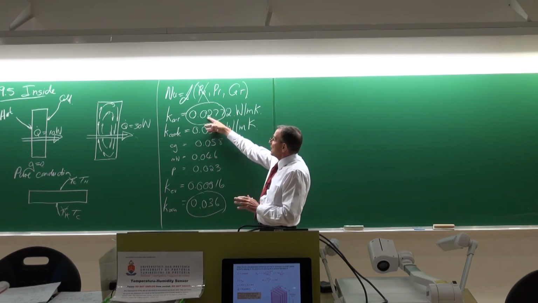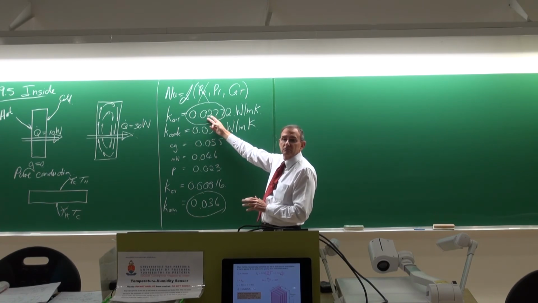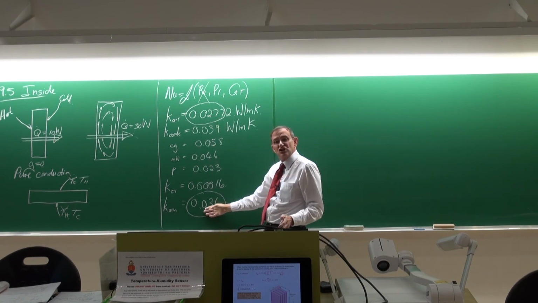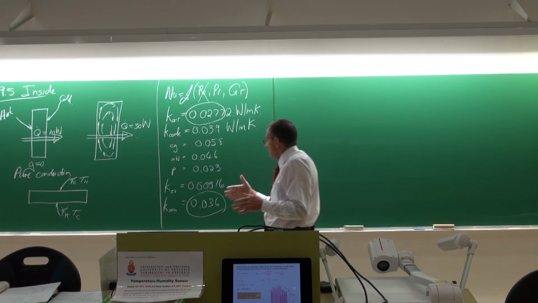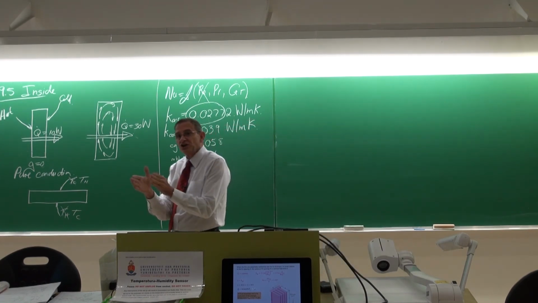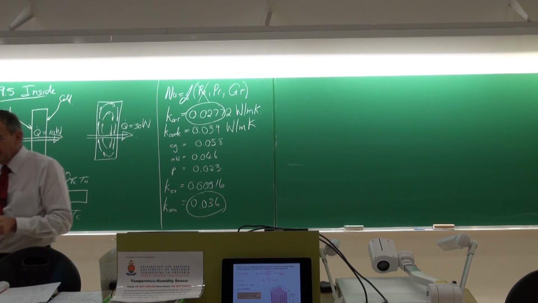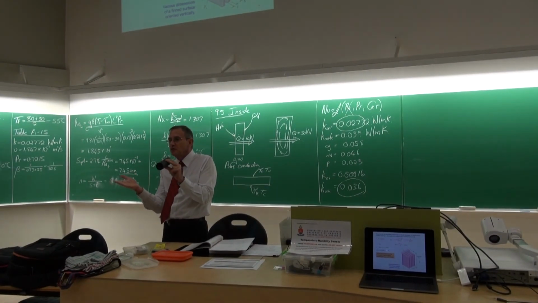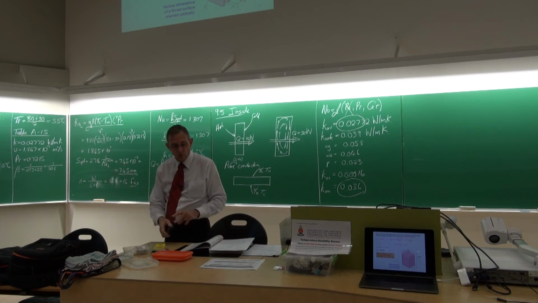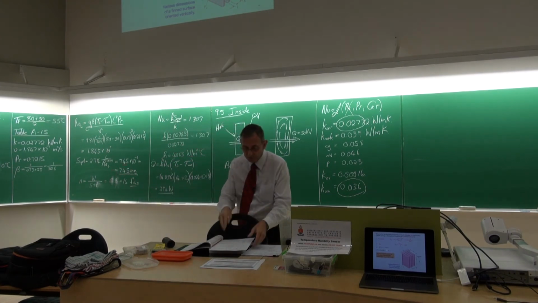But because of the natural convection, this value for the K will be much higher, maybe 3 times higher or something like that. So that's why we use the insulation material. And with the insulation material, the thickness of the insulation is so thick that this side of the insulation material is about the same as the room temperature. And then you do not have any more really heat transfer to the air.